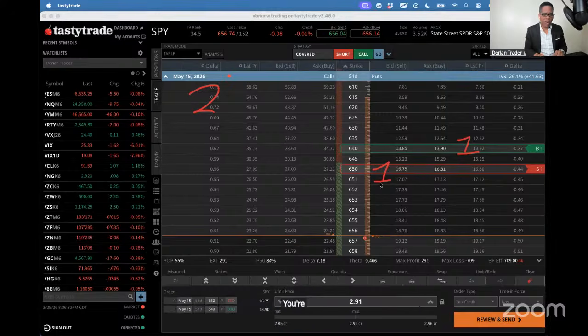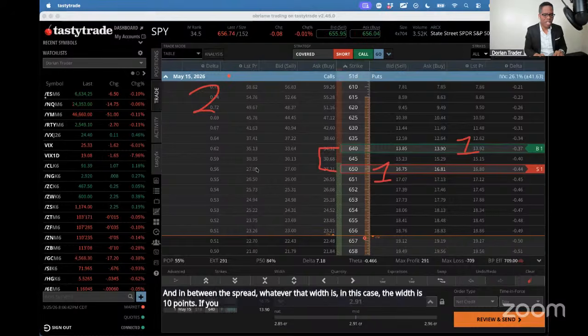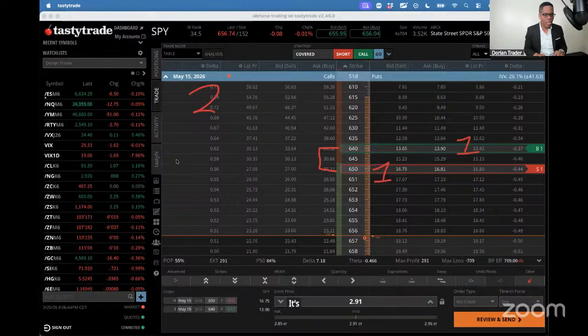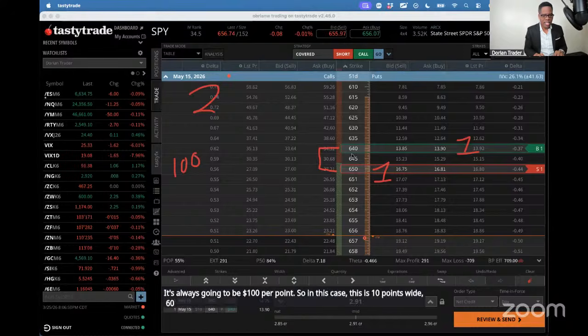You're going to have one that you're selling and one that you're buying. And in between is the spread, whatever that width is. In this case, the width is 10 points. If you're using options on stock, it's always going to be $100 per point. So this is 10 points wide, 60-50, 60-40, 10 points wide. 100 times 10 equals 1,000.